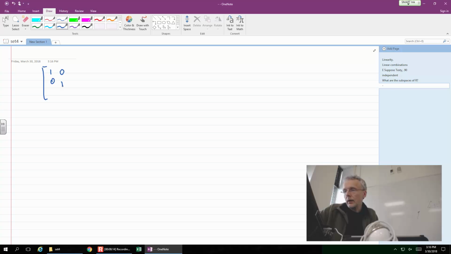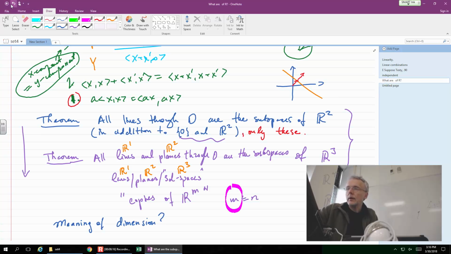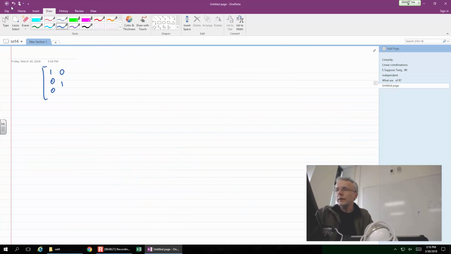So I have a reduced row echelon form, like this.